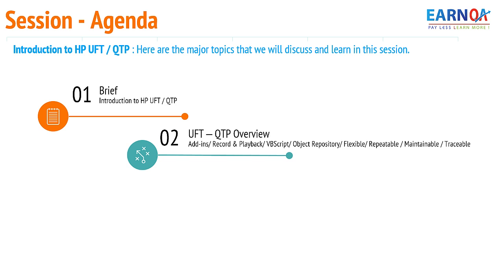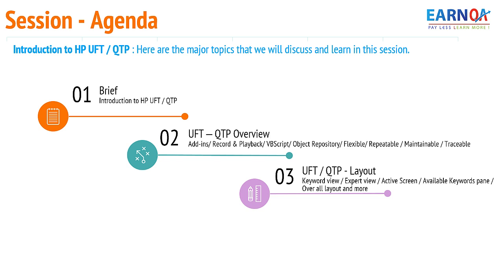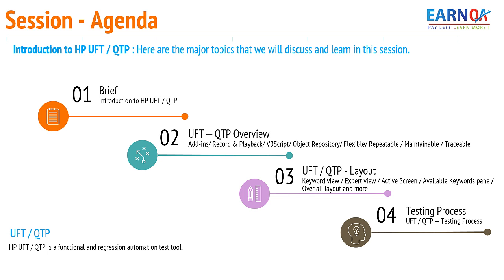So everything, whatever is essential for us to know before we get started, we would know that. And then we would talk about the other segments. What exactly is the script? And while we start recording, while we start designing the script, what are the things that we must know? And then we would see what is the QTP automation testing process. So that is the agenda.